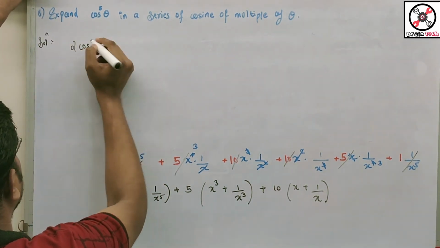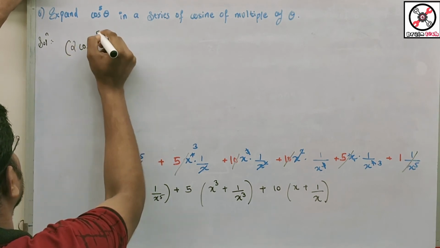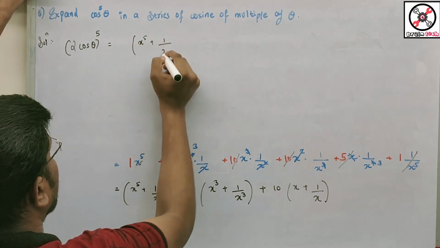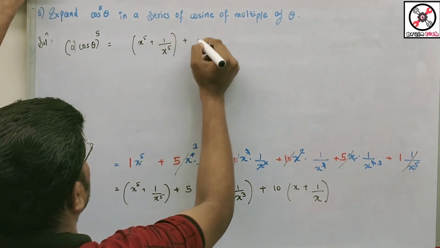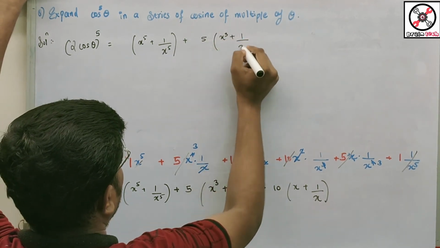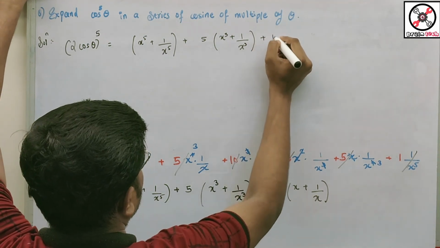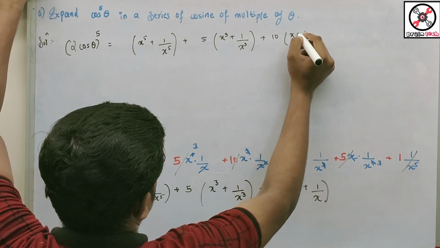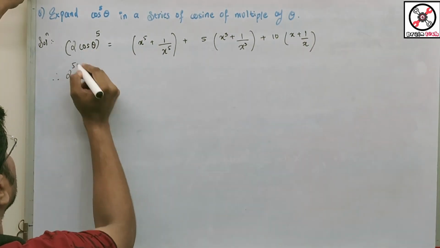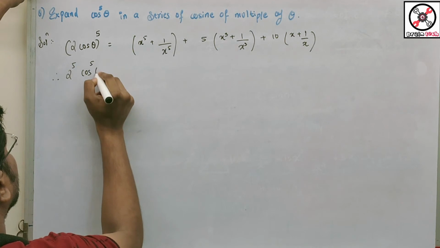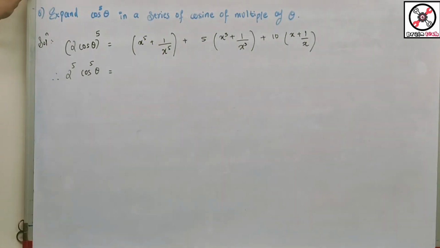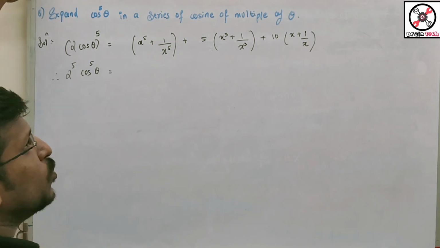First I'll copy the answer we got. It is 2 cos theta the whole raised to 5 equals x raised to 5 plus 1 by x raised to 5, plus 5 times x cube plus 1 upon x cube, plus 10 times x plus 1 by x. So here it is 2 raised to 5 cos raised to 5 theta. For x raised to n plus 1 upon x raised to n, I said it is 2 cos n theta.